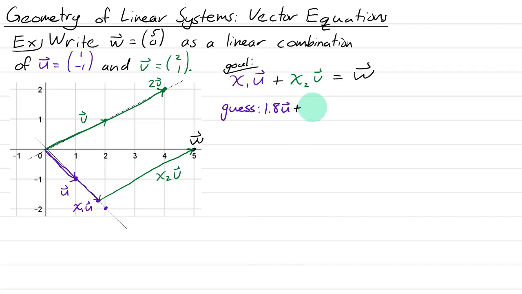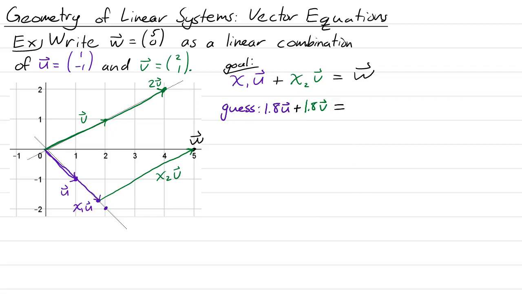And we want to do that plus something times v. This vector here is longer than v, maybe not quite as long as 2v, so let's call it 1.8v. And let's see what that comes out to be.